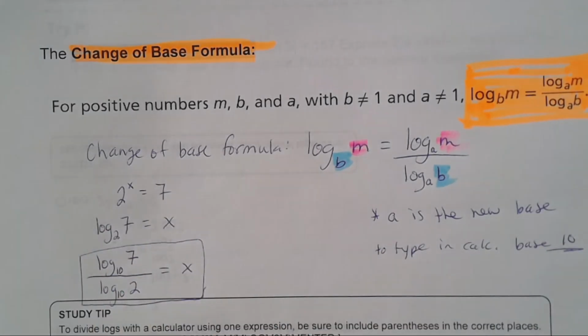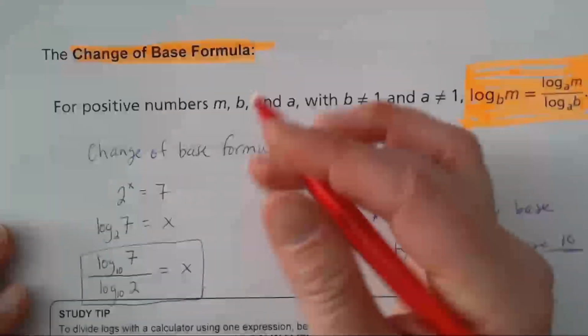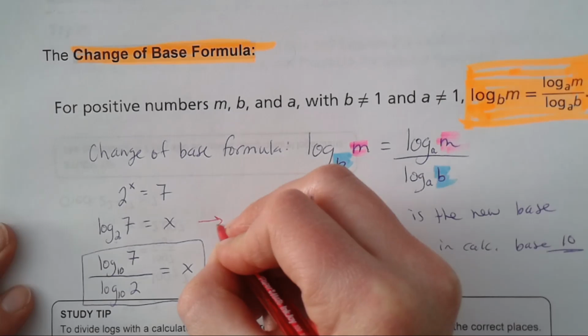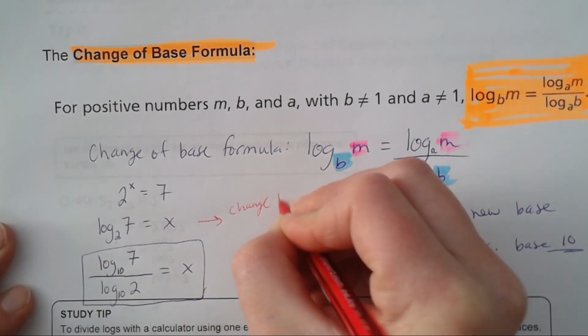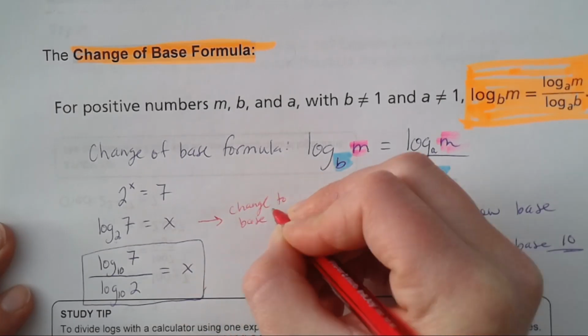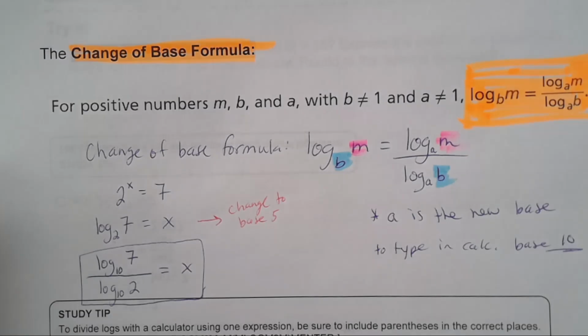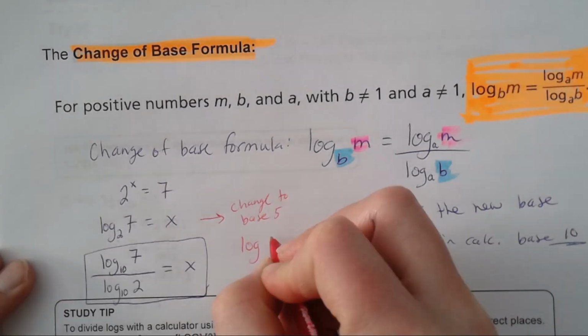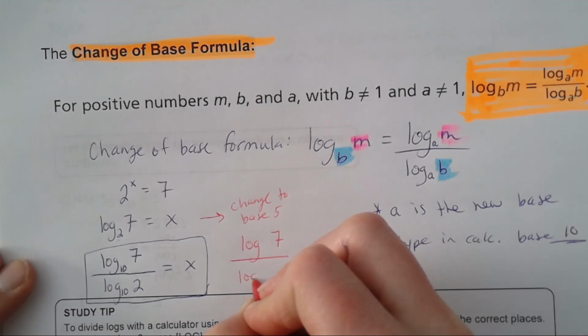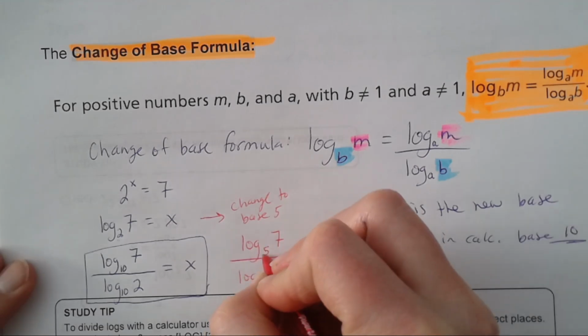Now I could use anything. I could say same one, but change to base 5. It would not matter. We would still have log 7 on the top. We would have log 2 on the bottom, except this would now be 5.